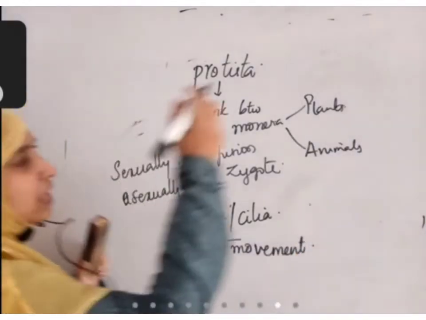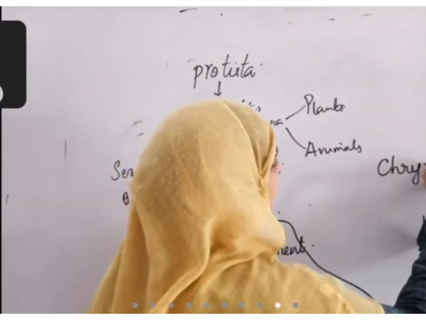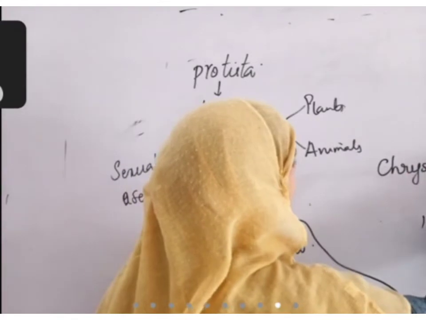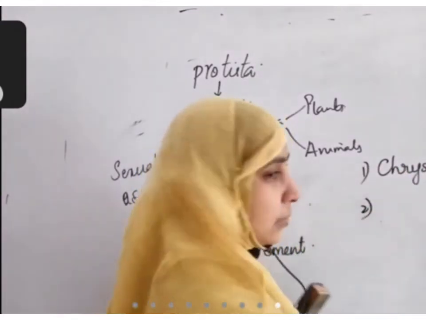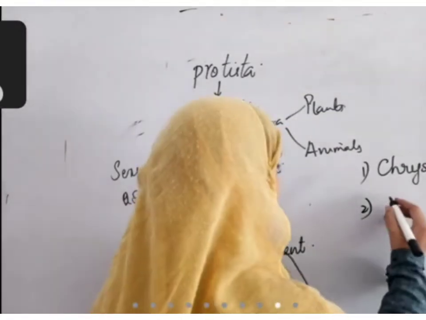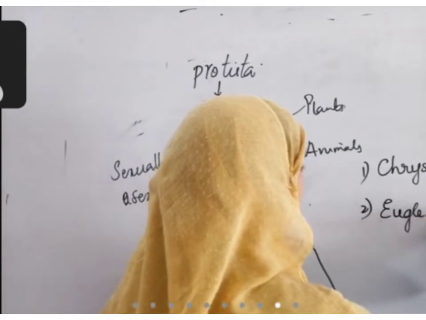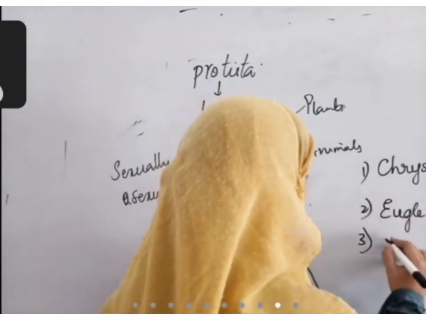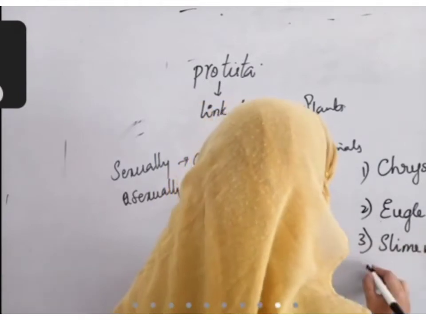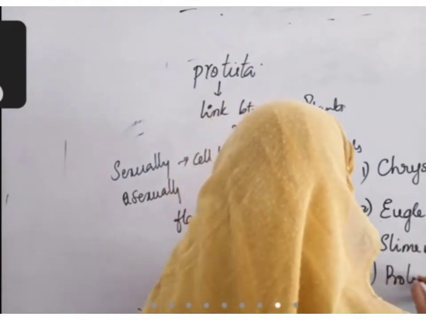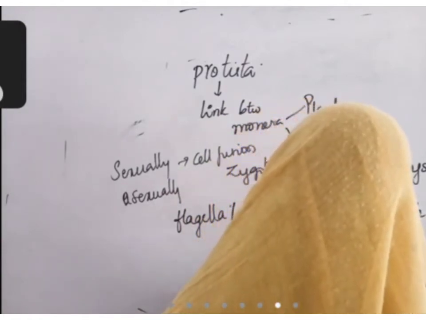Among this, they are divided into categories: first one is Chrysophytes, second one is Euglenoids, third one is slime molds, fourth one is protozoans, and one more is there, Dinoflagellates.